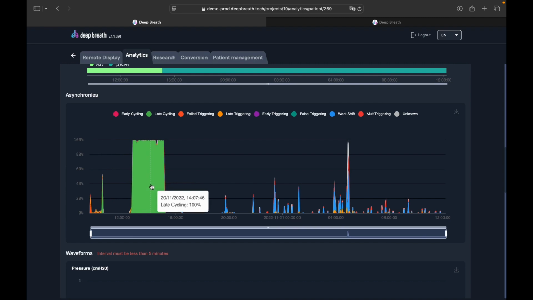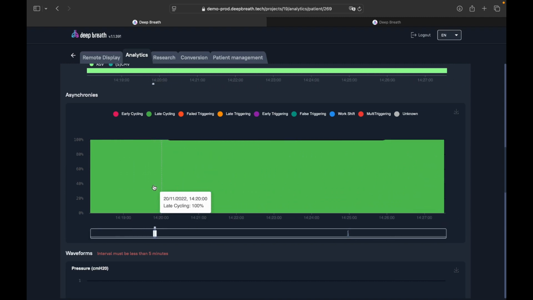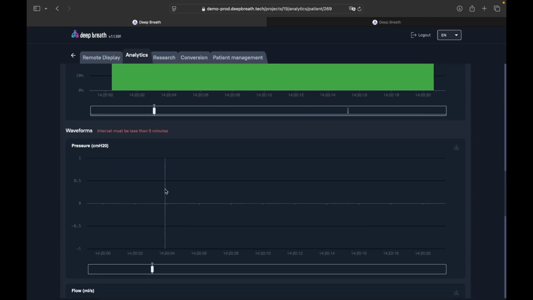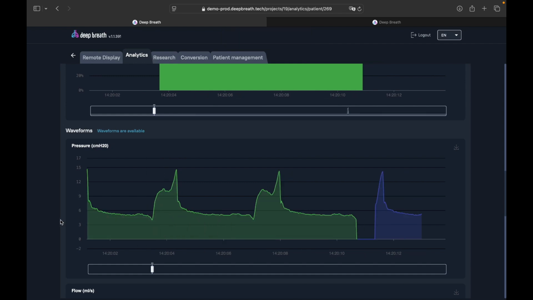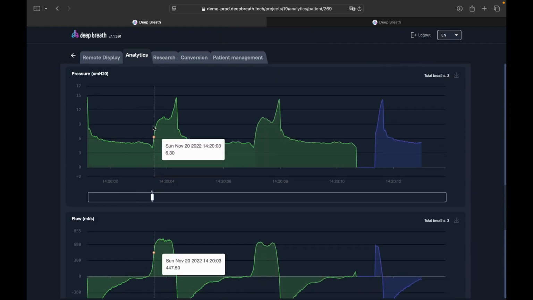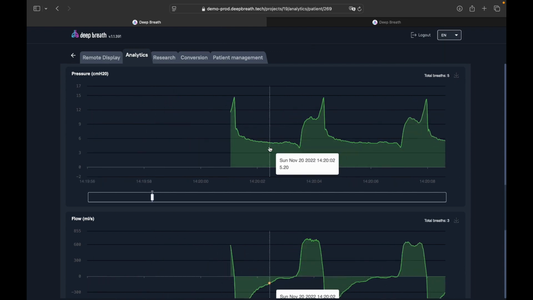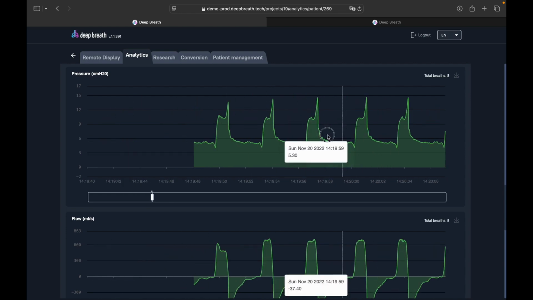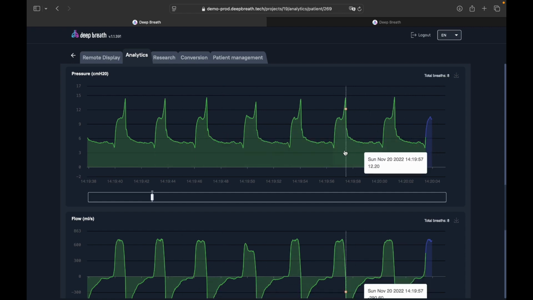We can check it by zooming in, as always it was possible in the breath. We just zoom in to less than a 5 minute period, and we see a review that really there were late cycling asynchronies, and they were quite frequent, so almost each breath asynchronous.